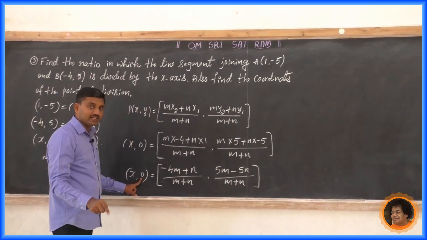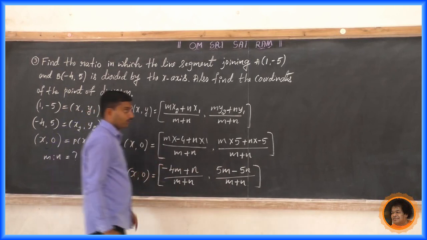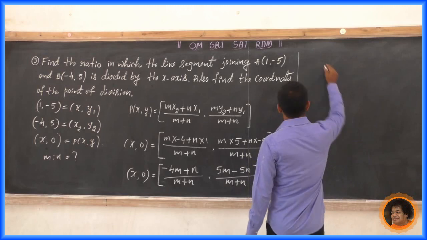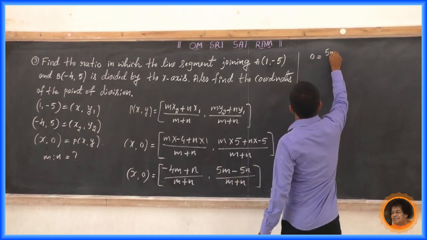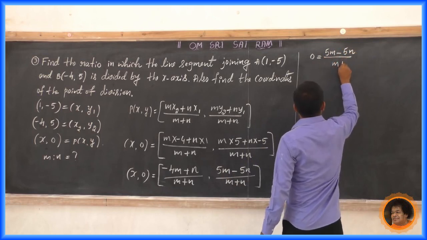We have to find the ratio. By equating the value of the y coordinate, we will get the value of m is to n. The y coordinate value is 0, so 5m minus 5n divided by m plus n.